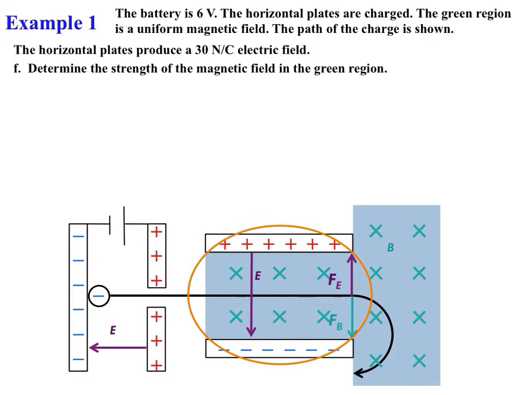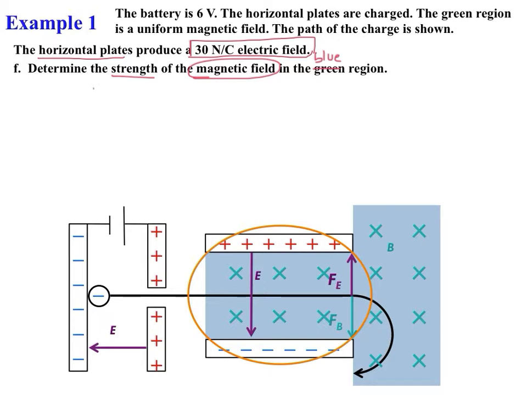Now, in this middle part, we're asked to determine the strength of the magnetic field in the blue region. Again, the first equation that we saw at the very beginning of this section, all we know is that the horizontal plates produce this particular electric field.